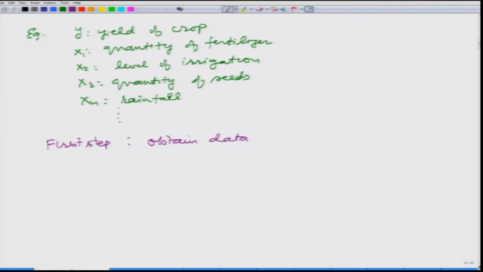And in case of simple linear regression model, we had obtained the data on y and x. We conducted an experiment, we provided the value of x, and then we had observed the values of y, and this experiment was repeated n times.